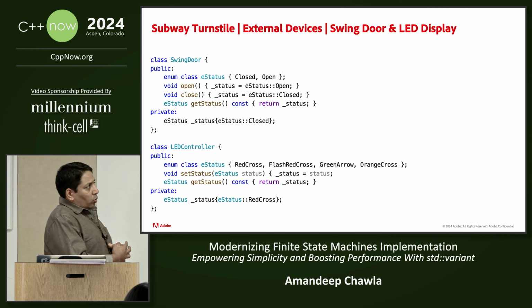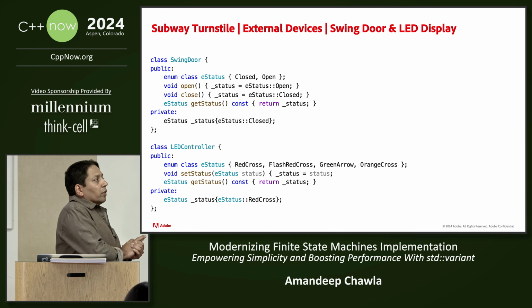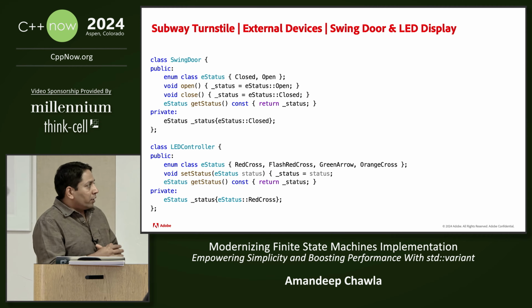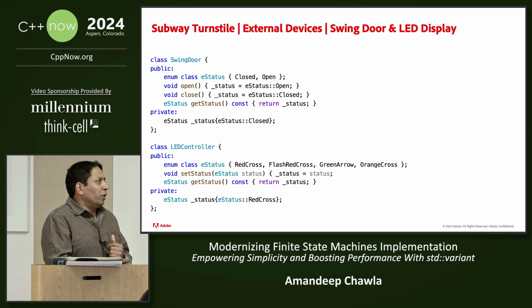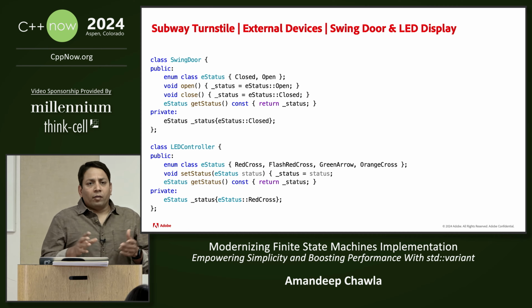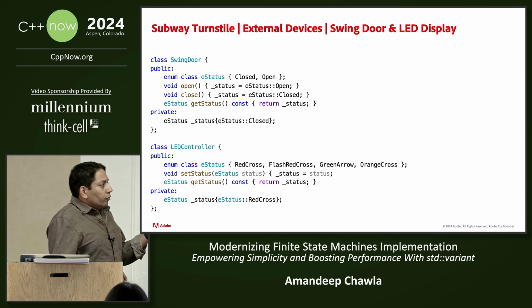And this is how we are going to model. Our swing door will have a status, whether it is closed or open. And there are 2 functions on it, to open and close. So they set the state appropriately, and to read the status. That status is mostly for our test cases, when we will be writing the test cases. And similarly, the LED controller has 4 states.